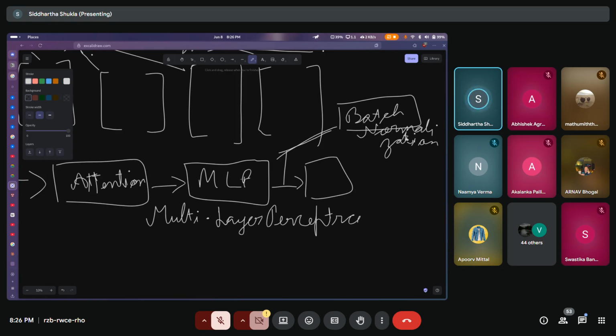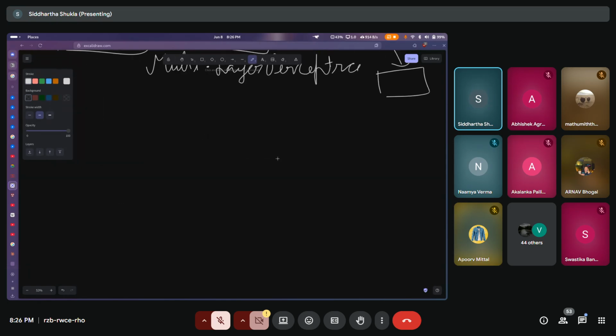Then again another layer of self-attention, another layer of MLP, and another layer of batch normalization, then another layer of attention, MLP, and so on. This goes on until however many attention layers and multi-layer perceptron layers you want.